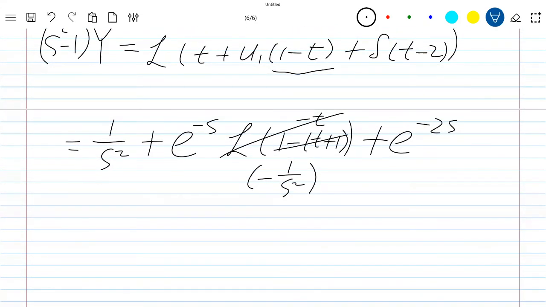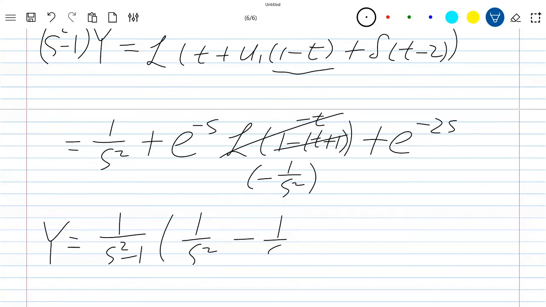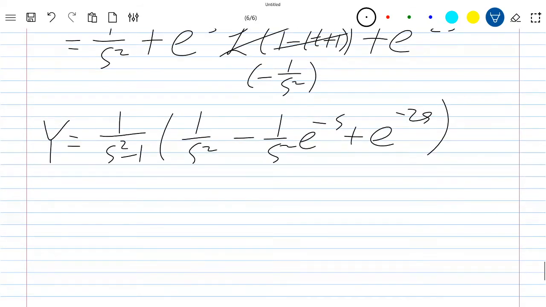So we can write down what our Y is. It's s squared minus 1, then you have 1 over s squared, and then negative 1 over s squared e to the negative s, and plus e to the negative 2s. Let me write this down in partial fractions. The first term is 1 over s squared minus 1 over s squared minus 1.